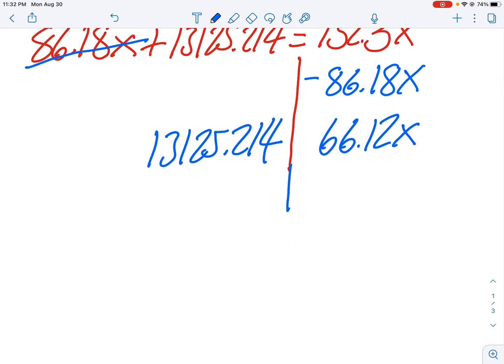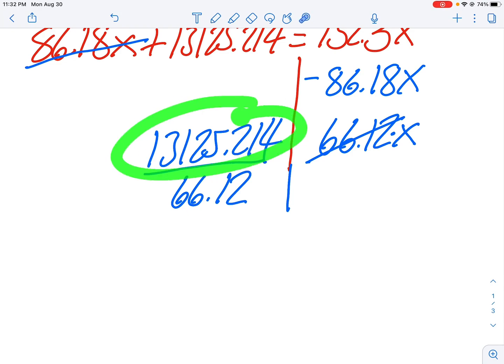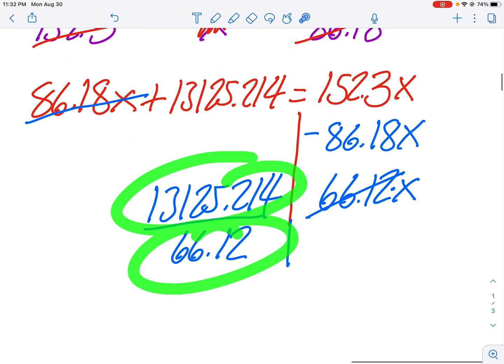Now we must get x by itself. The opposite of multiplying is dividing, so we divide by 66.12.